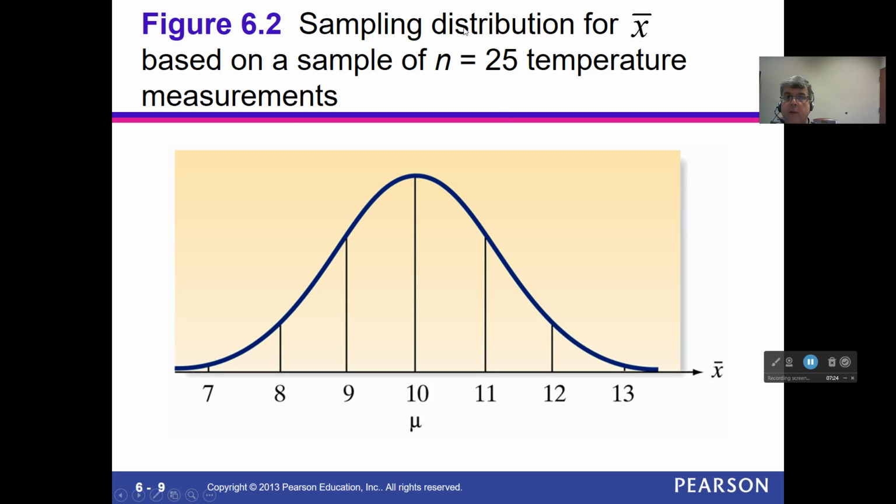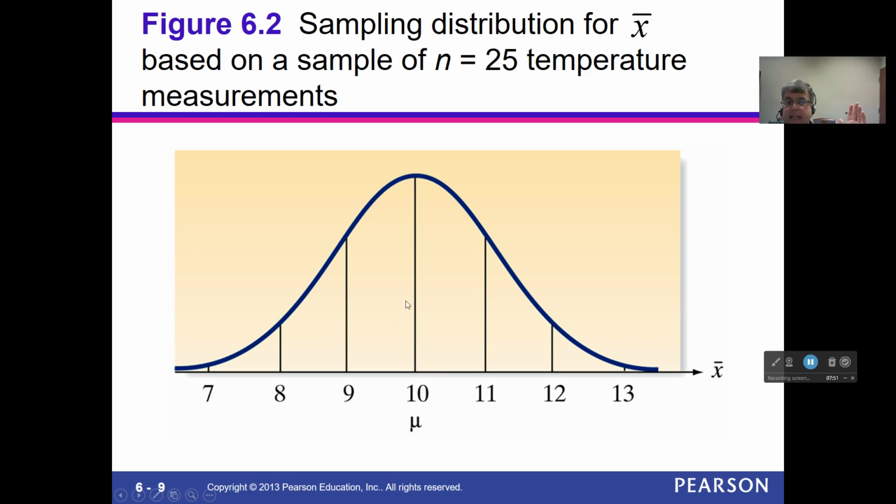Okay, so here we have a sampling distribution for X bar based on a sample of 25 temperature measurements. So we measured the temperature and we hypothesized that the population parameter is 10 degrees Celsius or whatever. That's the average temperature for South Dakota or something.